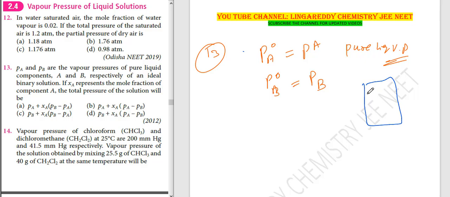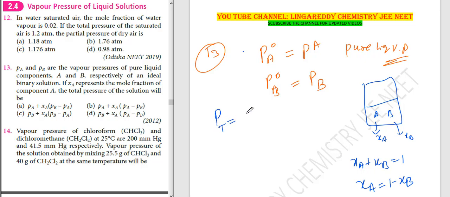Same you had to assume always. Mole fractions, if XA represent the mole fraction of component A, the total pressure of the solution will be XA. Here XA is there means obviously XB will be there, but XB it's not there in the options, so XA plus XB equal to 1 always, then XA equal, I can take it as 1 minus XB, right? Now what is the question here? The total pressure P total is asking.